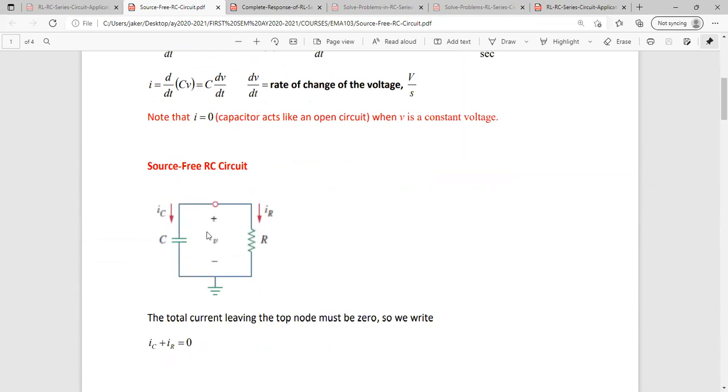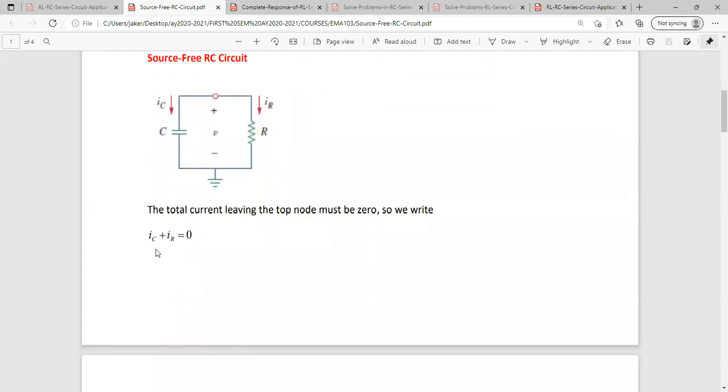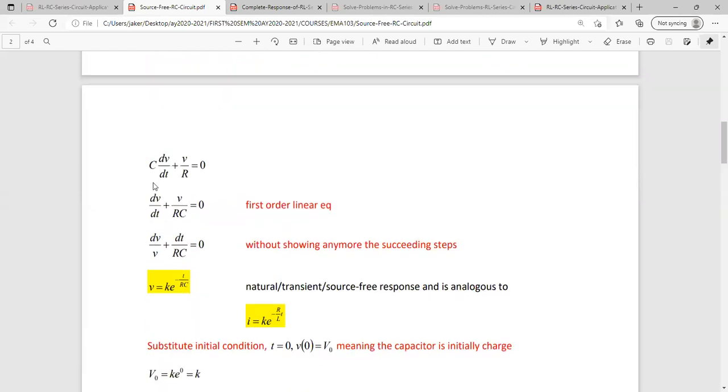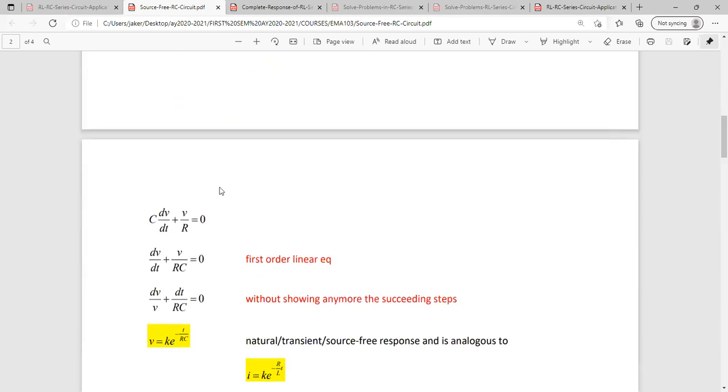Based on our definition of the current, we replace the current in the capacitor by C dV/dt as written here. And the current in the resistor is taken from the formula of the voltage drop across the resistor, V equal to IR. So if you want the I, that would be V over R. So you have this one here.